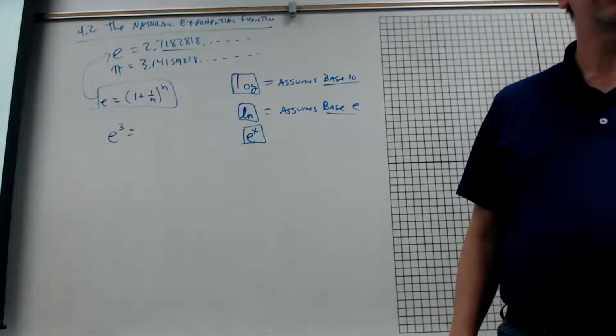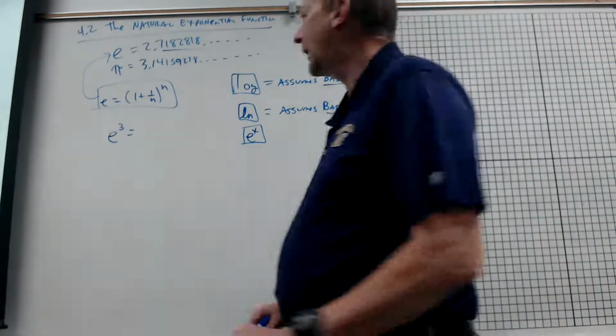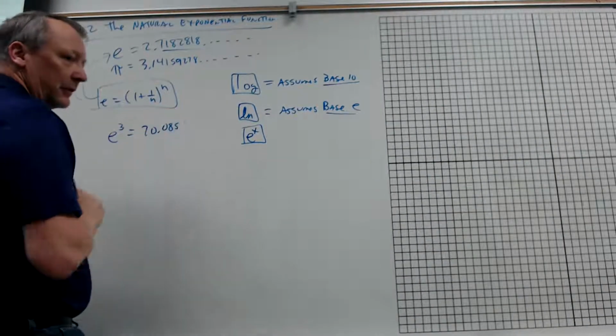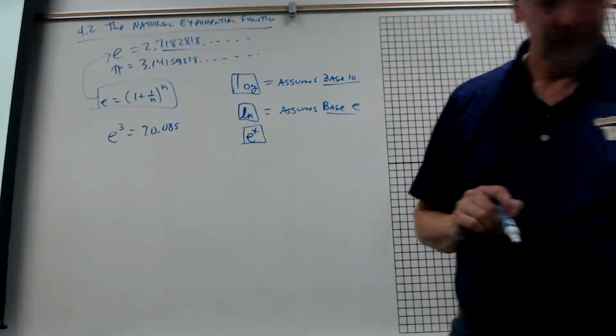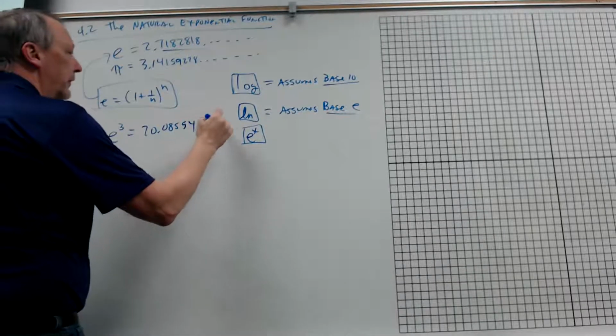In order to figure this one out, you better have a calculator. 20.08544. 085, what is it, 44? You got 554. Yeah, and it goes on forever, right?